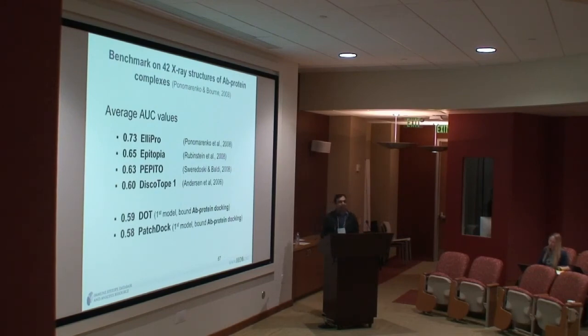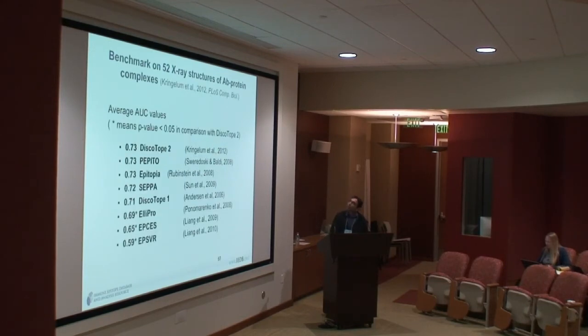This is again the reason why I wanted to come back to the reliability of B-cell discontinuous epitope prediction tools: the average AUC values range from 0.6 to 0.7. And these two are the protein-protein docking algorithms, whose AUC values do not fare well in comparison with the machine learning algorithms.